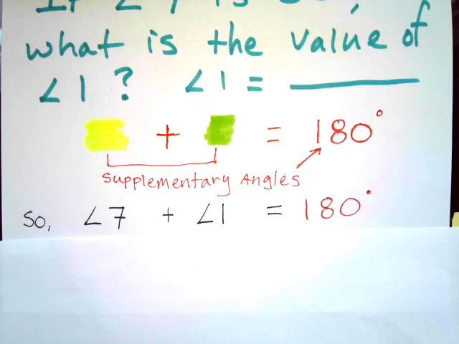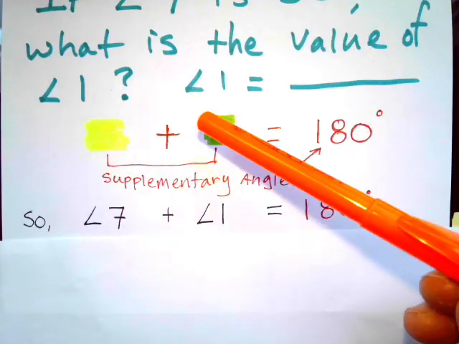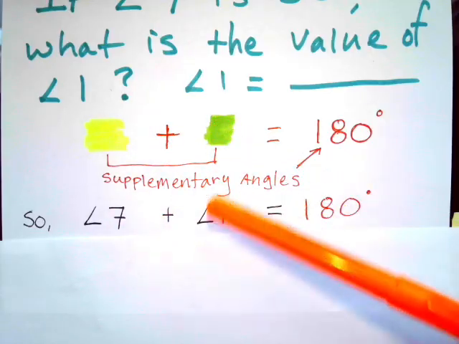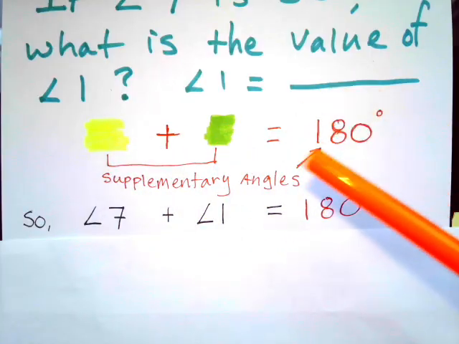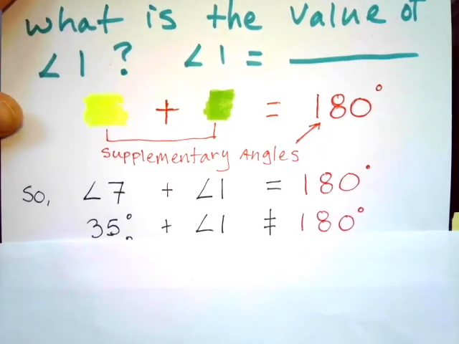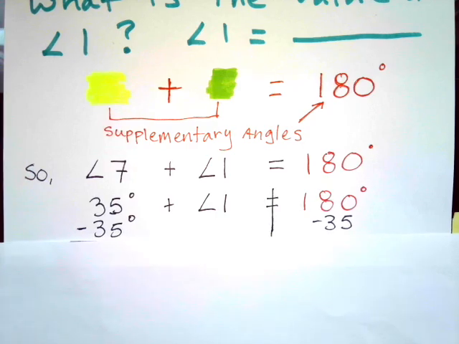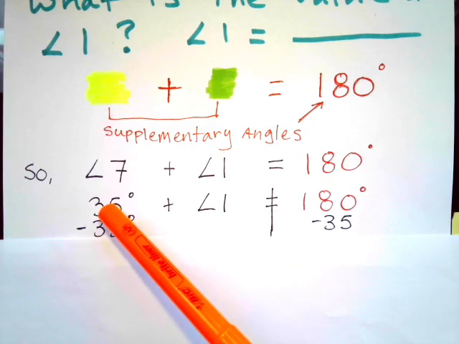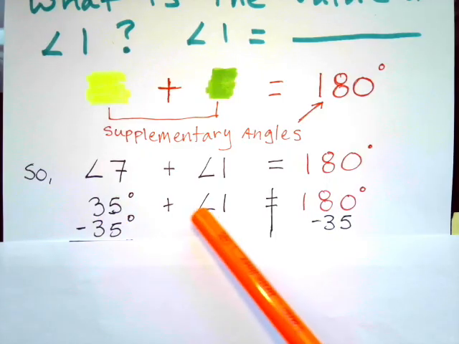It's a one-step equation, and I'm going to solve for the missing angle 1. Angle 7 is 35 degrees, plus angle 1. I don't know what angle 1 is, but I know when you add a yellow and a green, you get 180. So I'll substitute 35 for angle 7. I want to get angle 1 all by itself. When you subtract 35 from 35, you get 0, leaving angle 1 by itself.